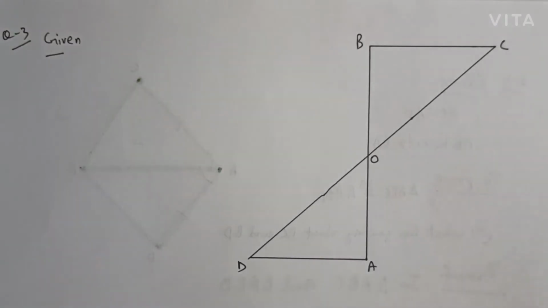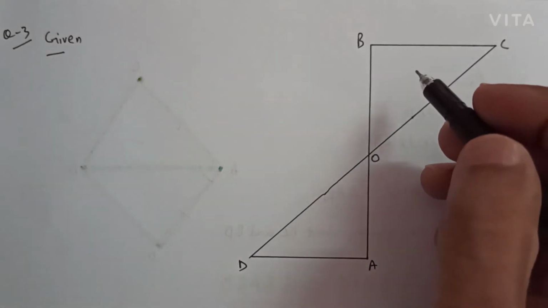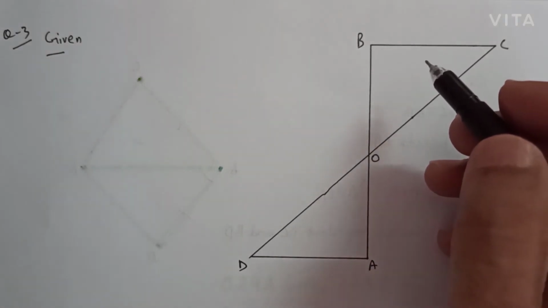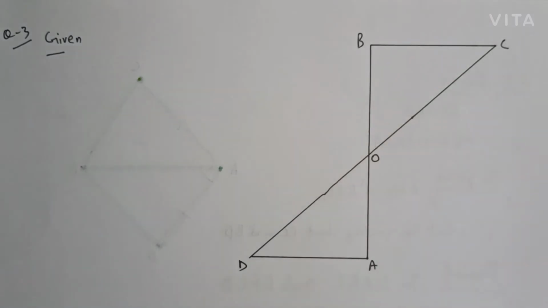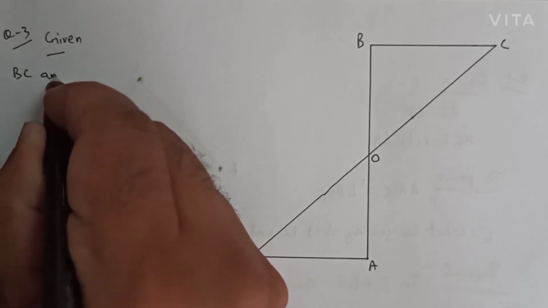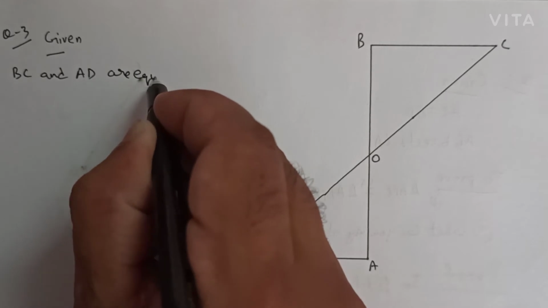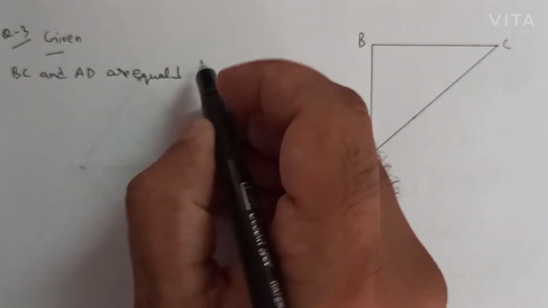In question number 3, it is given that BC and AD are the equal perpendiculars. BC and AD are equal perpendiculars to AB.